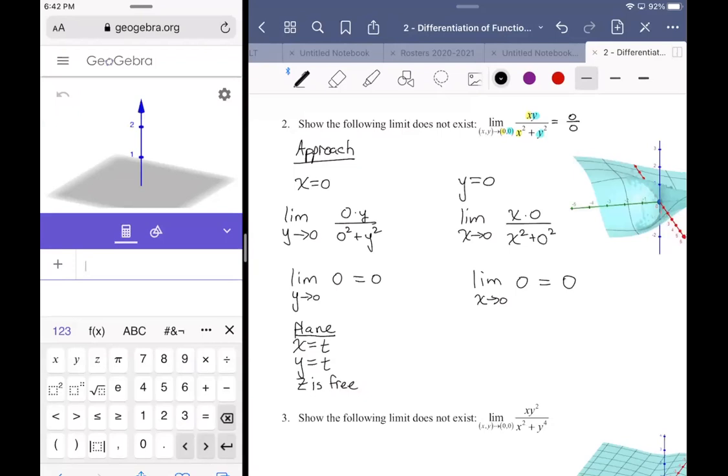Y equals 0 is a plane for all values of x and z. Here I'm restricting x and y to be linear, so they would follow the line y equals x. But I'm giving this infinite height, right? So it's still a plane just going off on an angle. So we play that out and see how it goes.